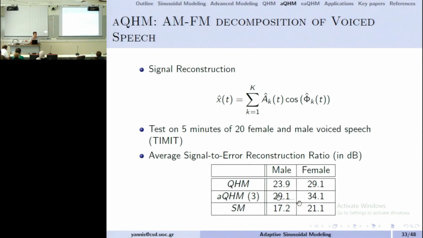Again, above 25 dB, I don't think there is a human ear that can detect the differences between the original and the reconstructed. So, what we have so far is an AM/FM representation of speech, but it can also be applied to other sounds, and we have published results on audio.